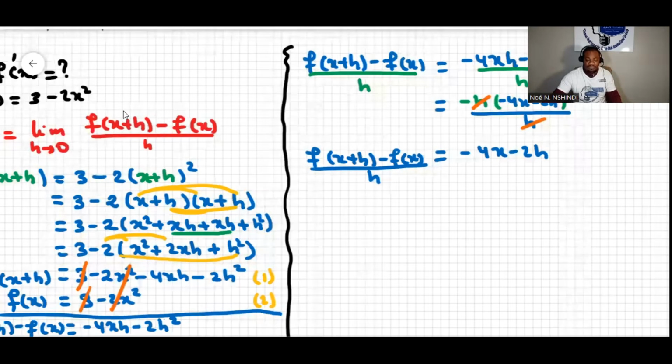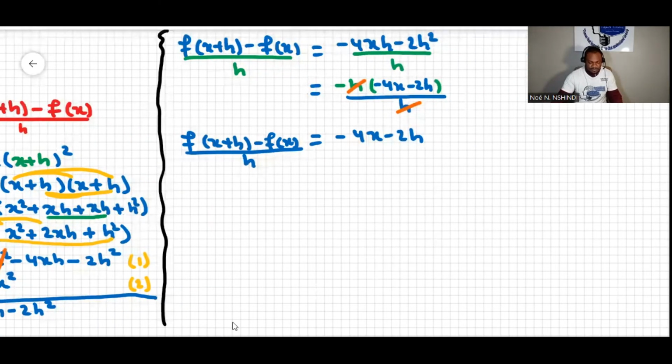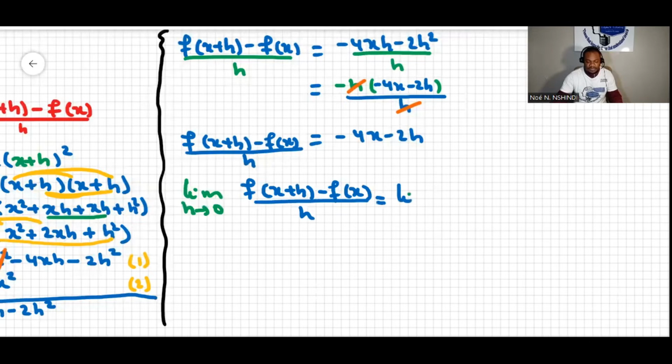Now we're going to introduce the limit when h approaches 0. On the right here, I put the limit when h approaches 0 of f of x plus h minus f of x over h, equal to the limit of, my apologies, when I put negative h out there, this is positive. It was positive, it was like that. I prefer to keep it like that, though it was not incorrect before.